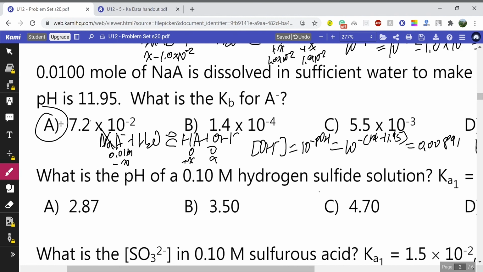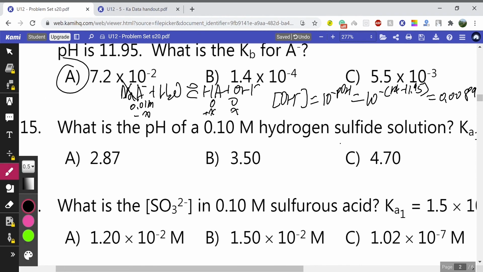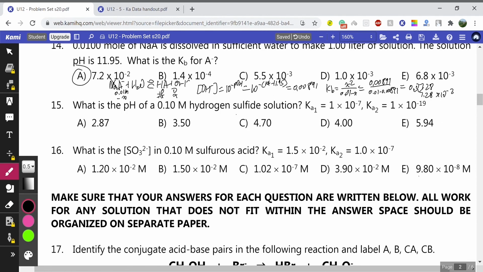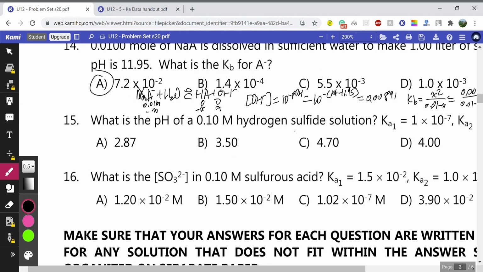And that would be the Kb, since our equation involves an OH minus. Now, this may ask, what is the pH of a 0.1 molar hydrogen sulfide? Hydrogen sulfide is H2S plus H2O, which will form an equilibrium with HS minus plus H3O plus, because remember, protons can only be donated one at a time.